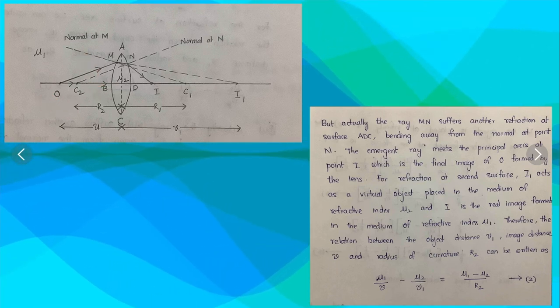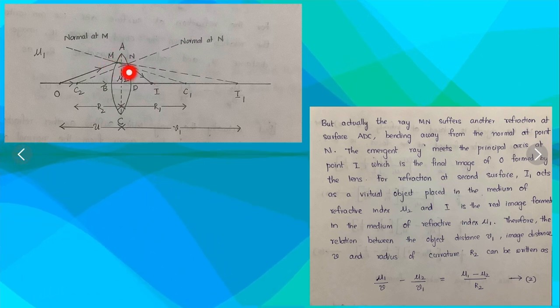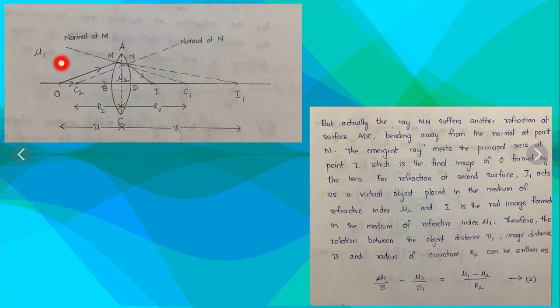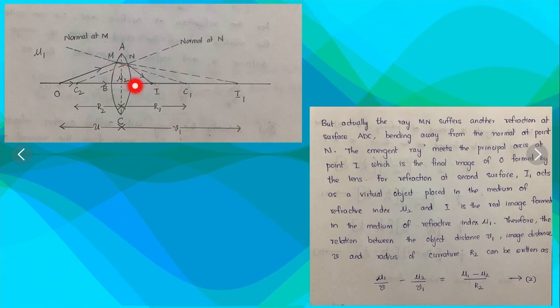Once again I repeat, the ray suffers a second refraction at the surface ADC. Where it touches the second surface ADC, we have drawn one normal. That normal is NC2, passing through the center of curvature on the left side. Now the ray bends away from the normal and travels along NI.